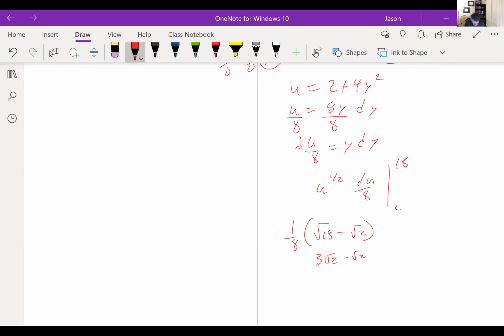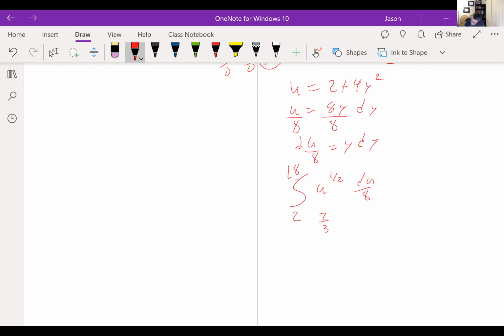Look at that, that's kind of cool. No, this is wrong. I did this wrong. How did I do this wrong? I didn't integrate. That's how I did this wrong. This is 2 to 18.